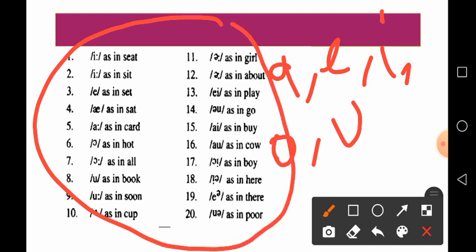Means these 5 vowels make 20 sounds. How many sounds? There are 20 sounds, and therefore it is called there are 20 vowel sounds in English.